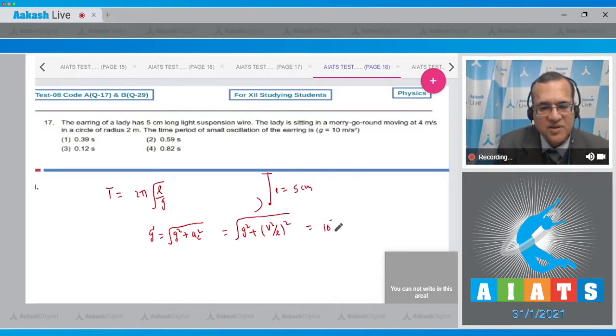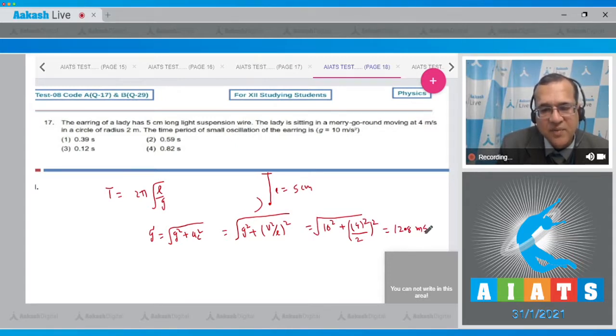This is equal to root of 10 square plus (4 square divided by 2 meter, the radius of the circular path) whole square, and this value comes to be 12.8 meter per second square.